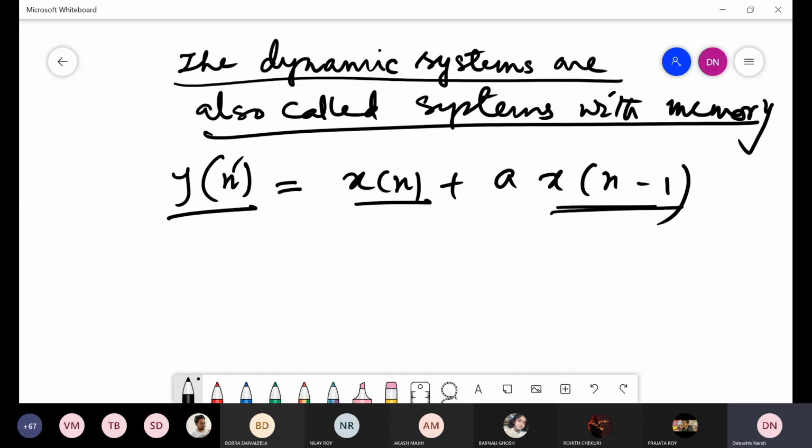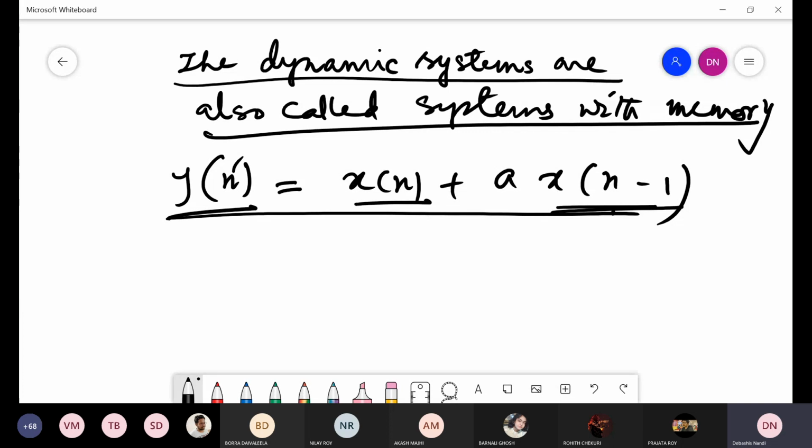So this previous input is stored in the memory location and it is used for computation of the output in the next time instant n. Therefore, this is actually called dynamic systems, a system with memory. So this is one dynamic system.